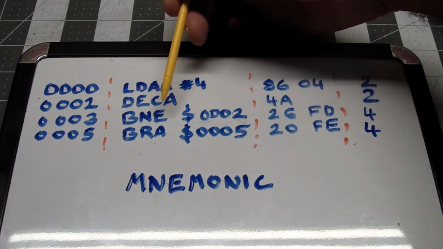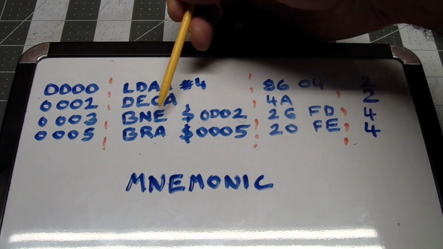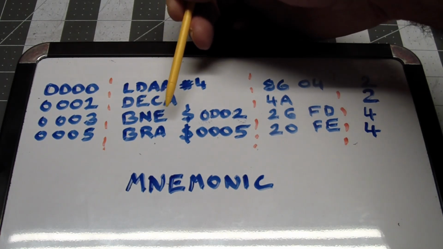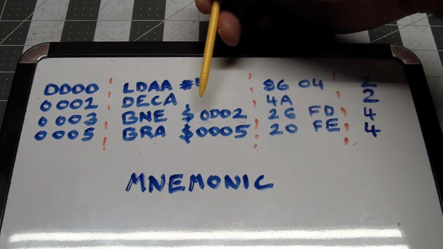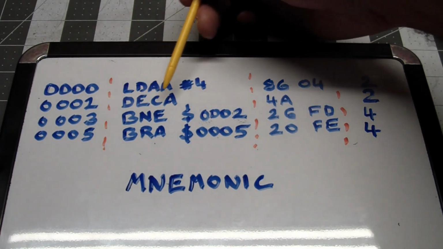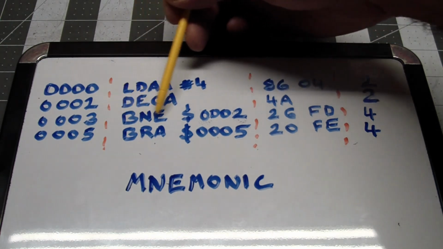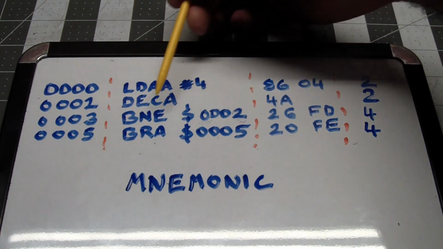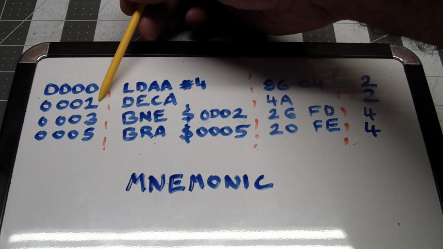Branch not equal simply checks the 0 flag, performs a branch if the flag is not set, or doesn't do anything if the flag is set. So these are called conditional jumps. And in this case, A just became 3, so the 0 flag wouldn't be set by this instruction, and the branch is taken actually. So this goes to 3, and then the branch goes straight back to 2 again.